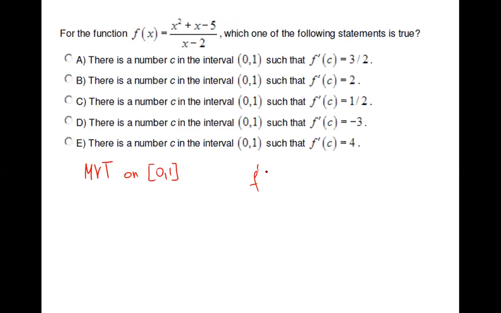That means I will state the equation f prime of x is f of 1 minus f of 0 over 1 minus 0. This one is more of a concept question. We still have to do a little bit of arithmetic, but it's more concept. We can see there is a number, existence, there on the interval.